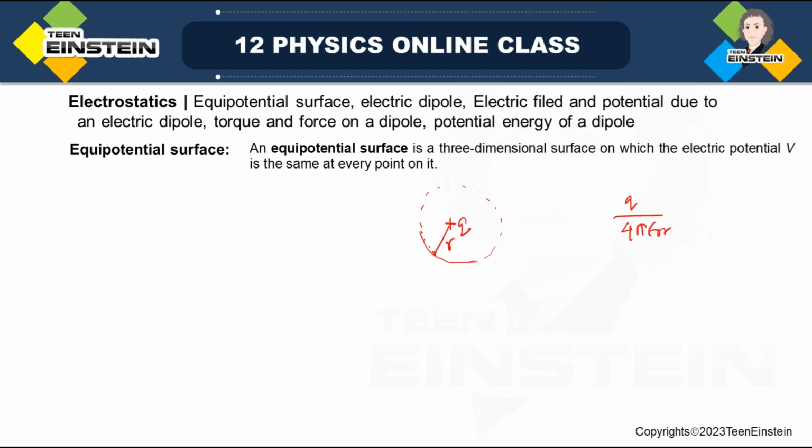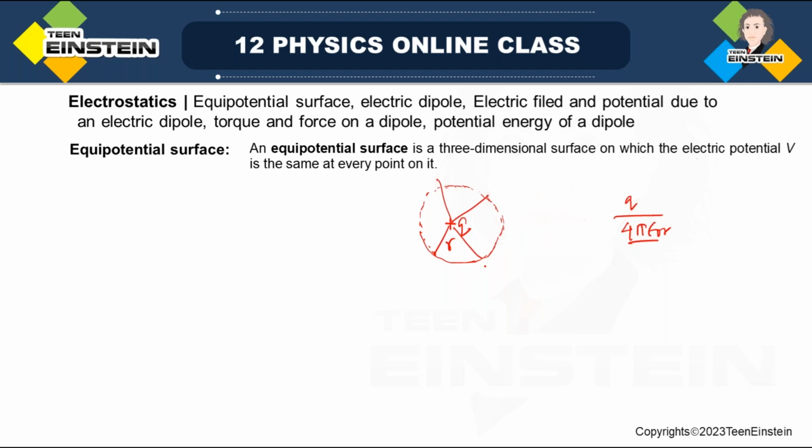the potential at each point on this spherical surface is the same, because this distance is the same, and the charge is anyway the same, and these are constants. So I get a surface.